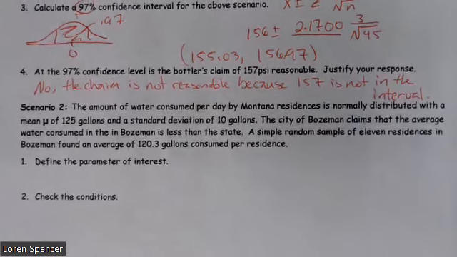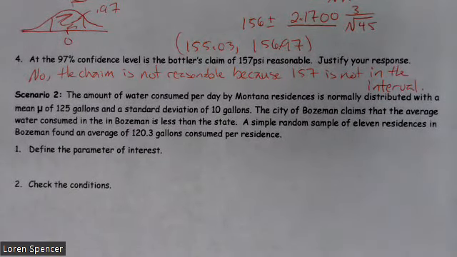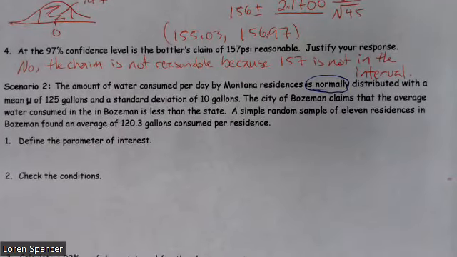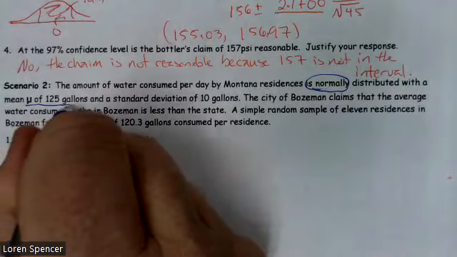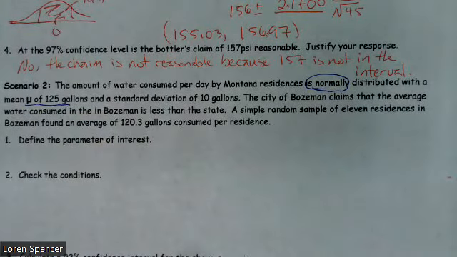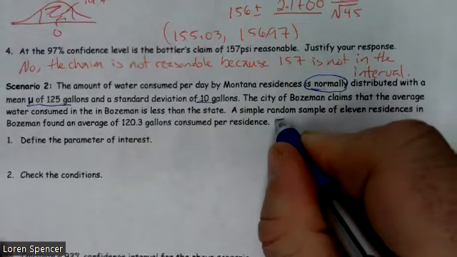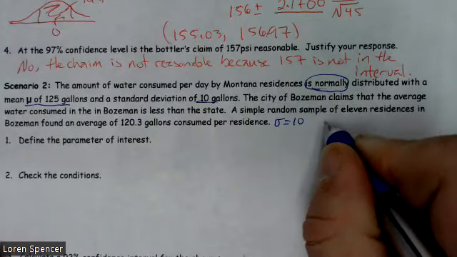So number two, the amount of water consumed per day by Montana residents is normally distributed. Okay, that's important. They told us it's normal. With a mean of 125 and a standard deviation of 10. So this is my population mean and this is my standard deviation.